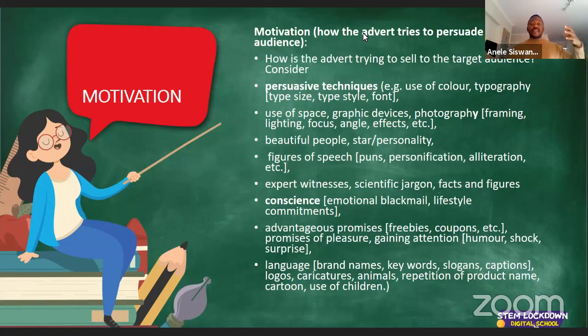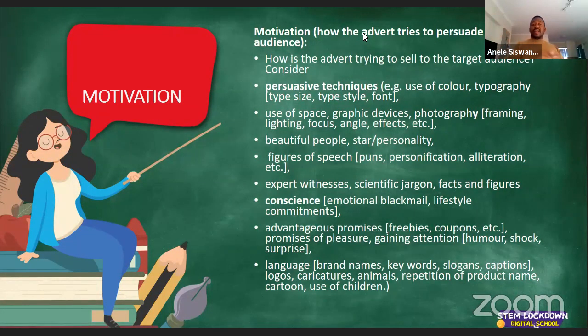We know how these things really influence the buyer or the reader or the one who needs to be convinced about whatever you're trying to sell. Figures of speech, it could be puns, it could be personification, it could be alliteration, etc. Expert witnesses, scientific jargon, facts and figures.